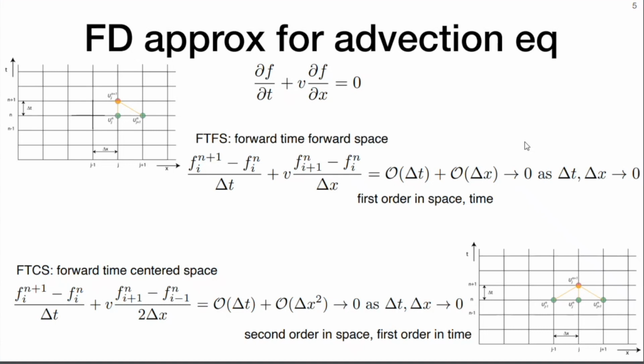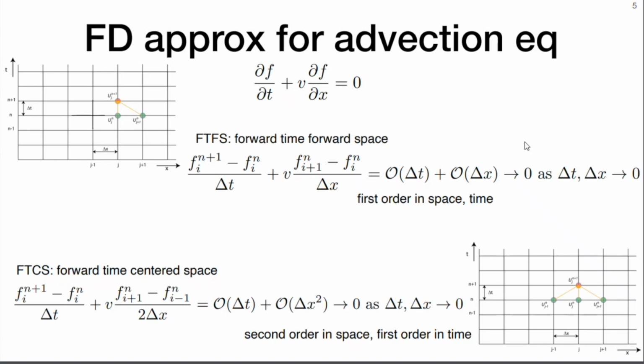Okay, so this is called a stencil. You have a grid in space and time, and how the solution at n plus 1 depends on the solution at n is called a stencil of dependence of the solution. So this is the forward time, forward space stencil, and this one is forward time, centered space. You can actually see f i n plus 1 depends on f i n, f i minus 1 n, and f i plus 1 n.